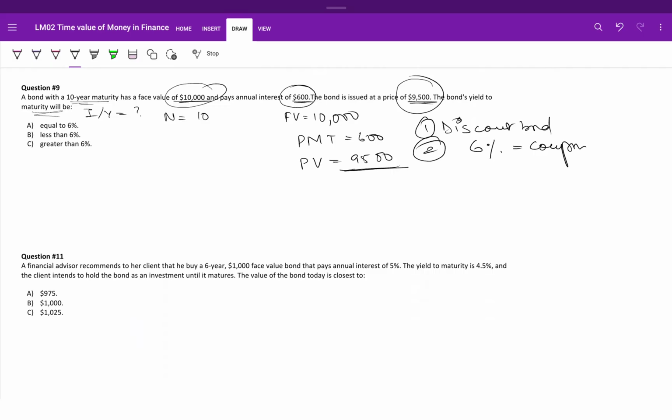So the coupon rate is 6% and the bond is a discount bond. So this means the yield on the bond, I/Y, must be greater than 6%, and simply put, C is the answer. But if you still want to calculate the I/Y, you can plug in these numbers and calculate the I/Y using the calculator function.